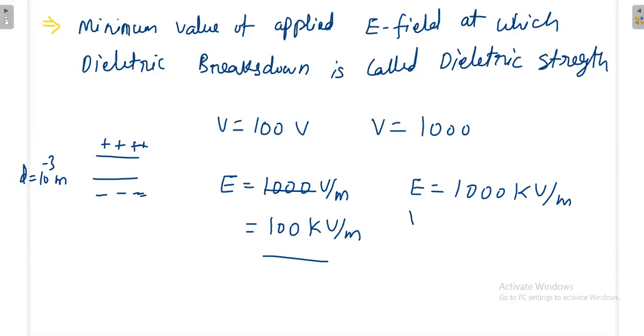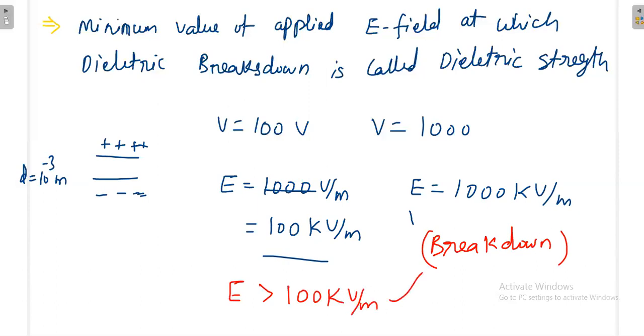So what is the meaning here? If E is greater than 100 kilovolt per meter, definitely there will be the breakdown. That's why it is the minimum value of the applied E field.